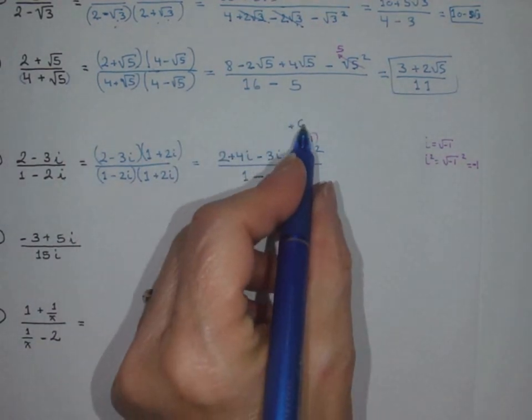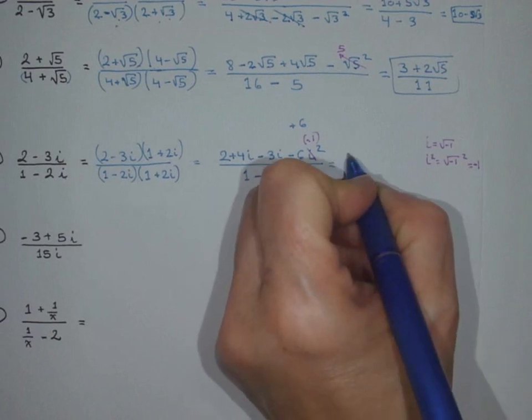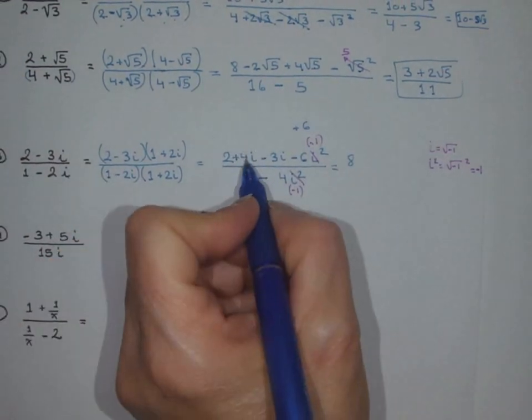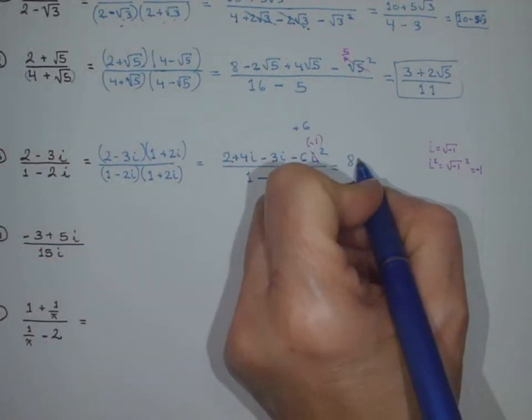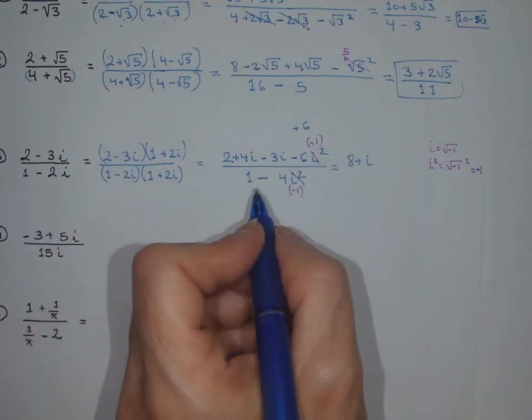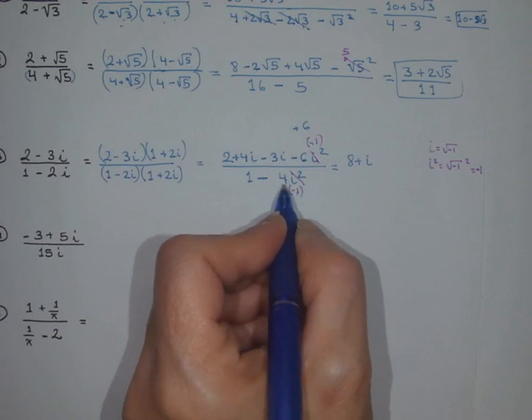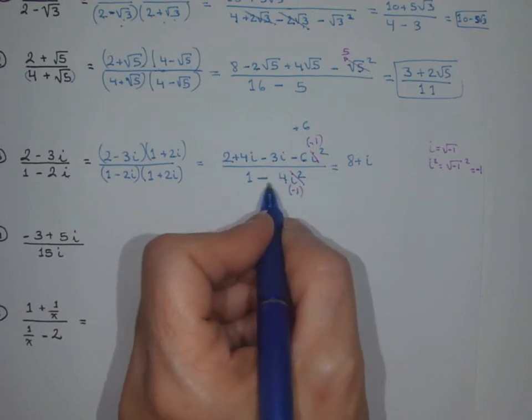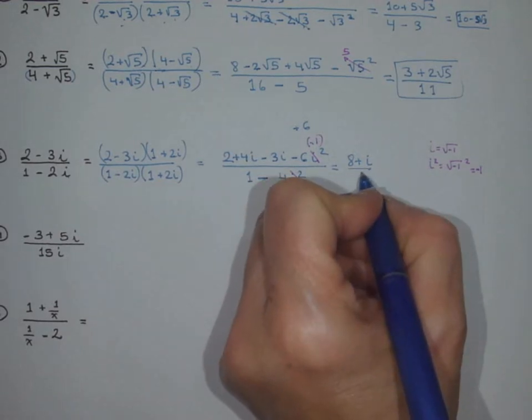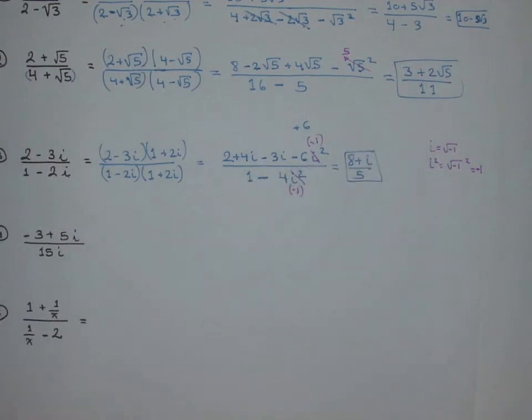So we have a 2 plus 6, which is equal to 8. And then we have a 4i minus 3i, so that will be plus 1i. And then this negative 1 times negative 4 is going to be a positive 4, and 1 plus 4 is 5. There we go.